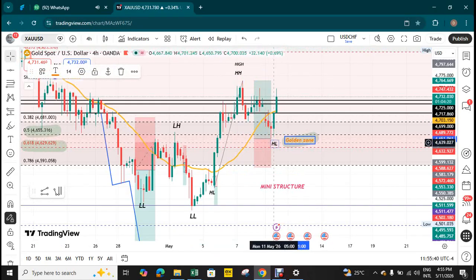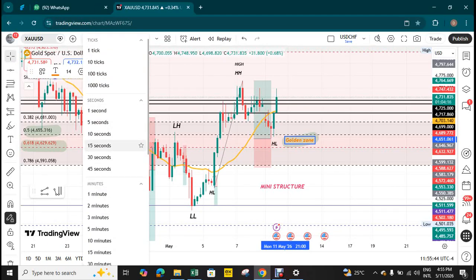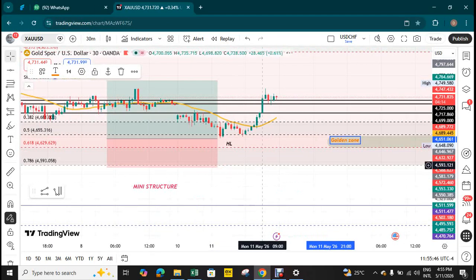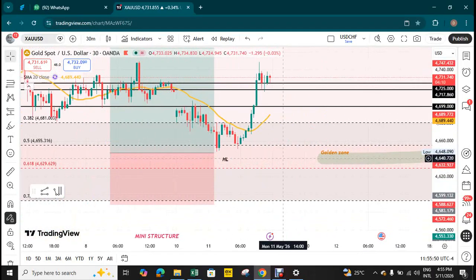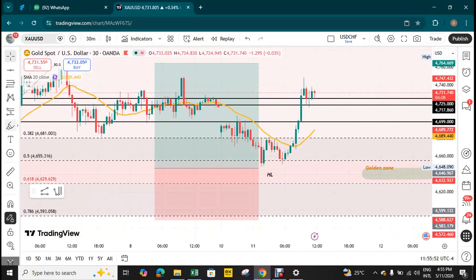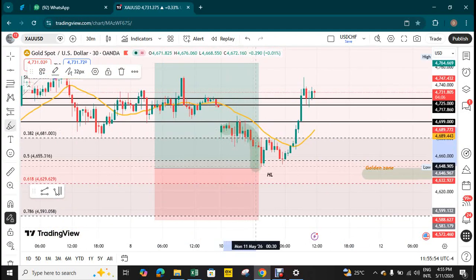Price came into that area, but before we can be sure it happened, we need to go to a 30 minutes time frame to see how the market played out. You can see price came into the golden zone, with a red candle coming to the golden zone.